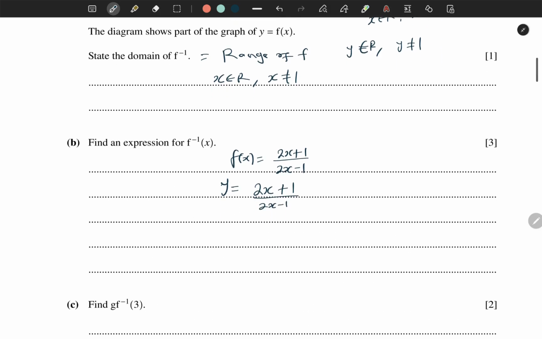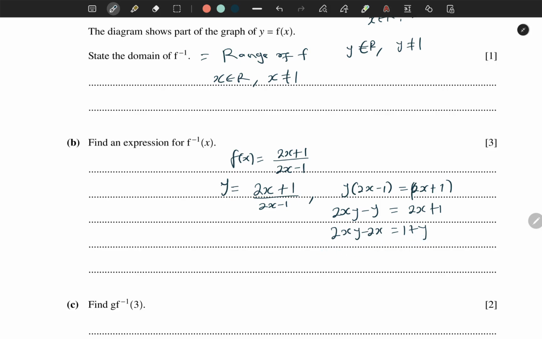Then make x the subject. If you cross multiply, you have y in bracket 2x minus 1 equals 2x plus 1. Expand the bracket: 2xy minus y equals 2x plus 1. So this is 2xy minus 2x equals 1 plus y.